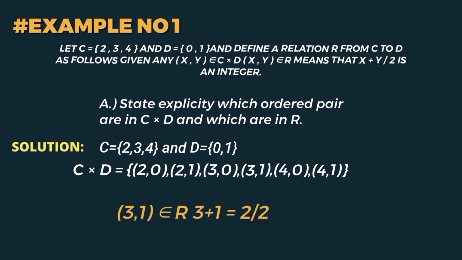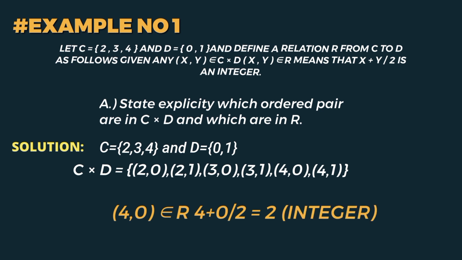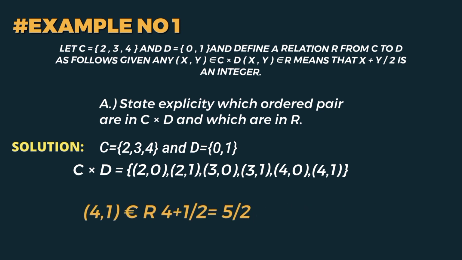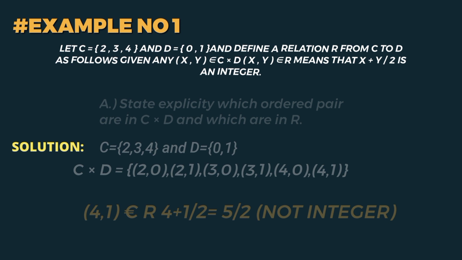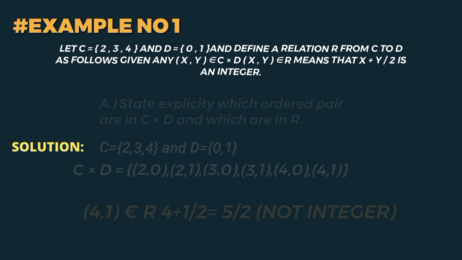Next is (3, 1). Is it an element of R? Yes, because 2 is an integer. How about (4, 0)? Yes, because again, 2 is an integer. And lastly, (4, 1). No, because 5 halves is not an integer. So these are the relations found in (x + y) over 2 that are integers.